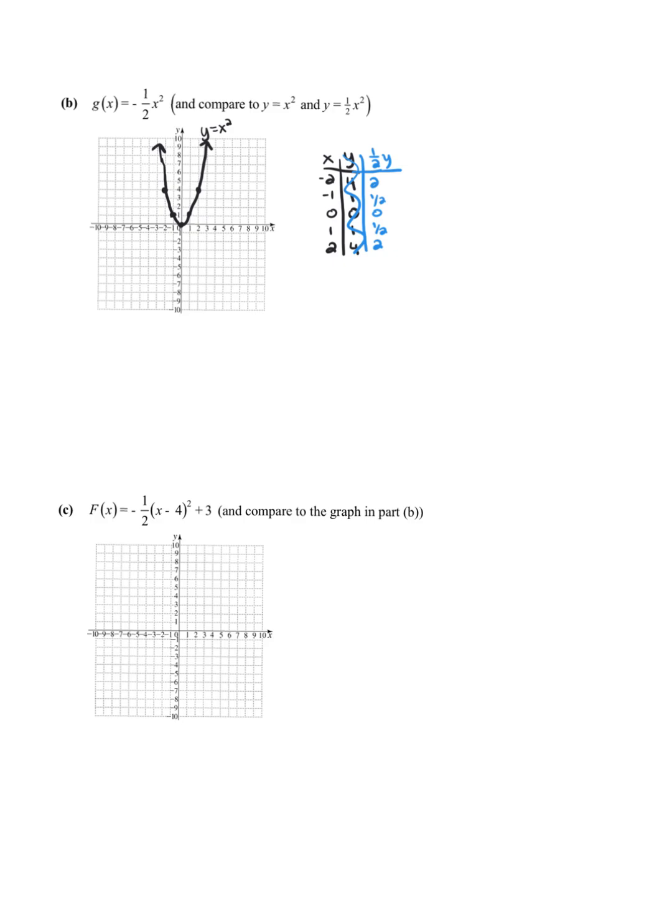So negative 2, 2. Negative 1, 1/2, 0, 0, 1, 1/2, 2, 2. Okay, so a vertical compression or a vertical shrink made my graph get wider.